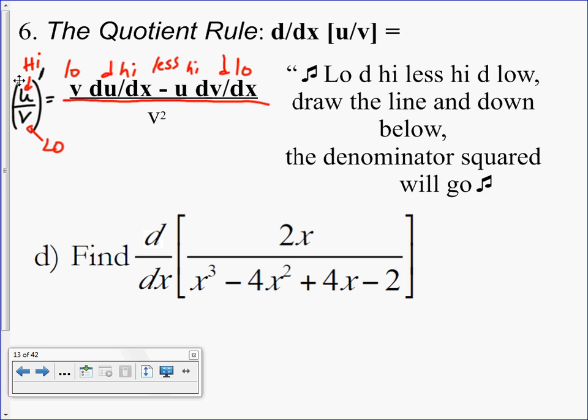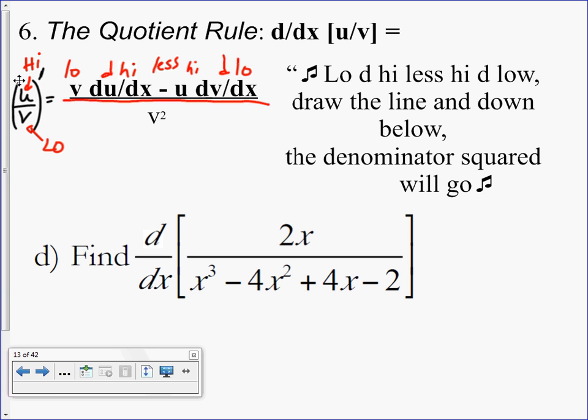So we've got to say this a few times, right? It looks complicated, but it's not. All right, ready? Here we go. Low d high, less high d low, draw the line, and down below, the denominator squared will go.